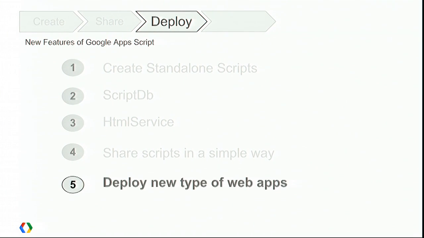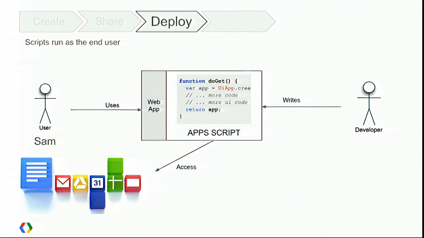And that better is a new way of deploying web apps. So let's go back to our diagram a little bit and try to understand what this new way of deploying web apps is. So imagine if we had this app, but now, instead of the script running as developer Bob, what if it runs as Sam and accesses Sam's data? Of course, with his permission, authorization, and all security, everything taken care of.